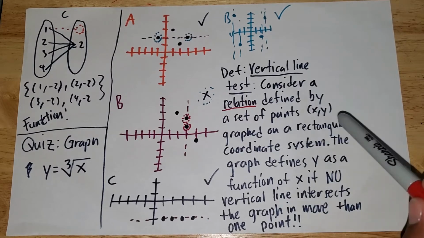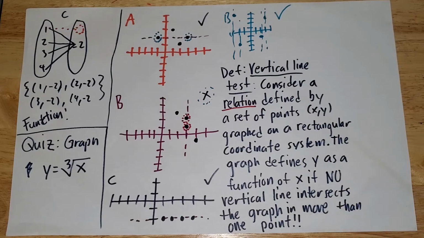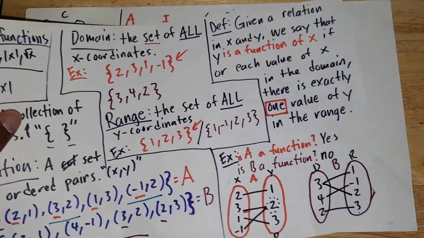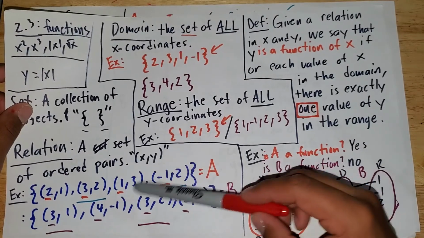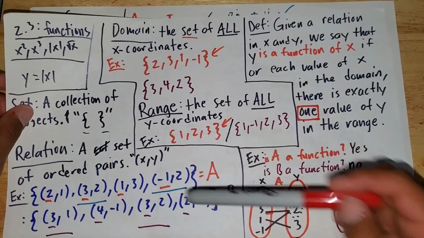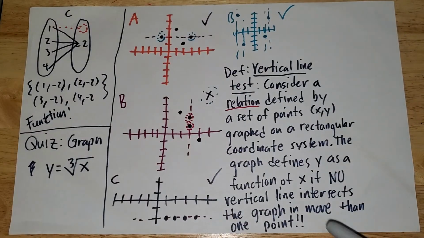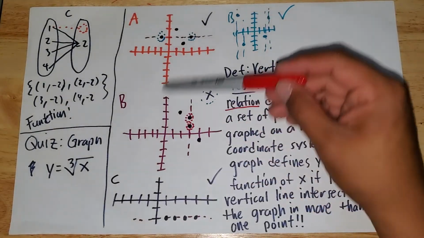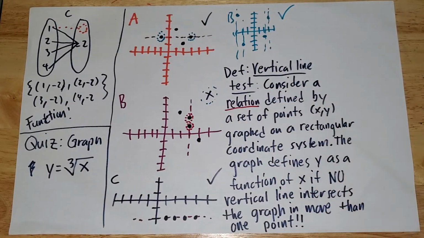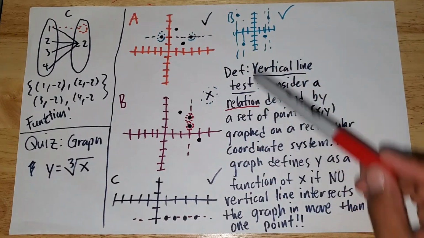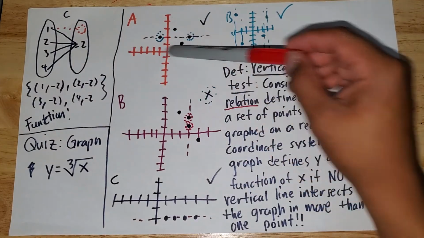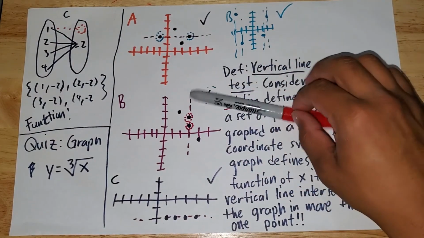So, graphed on a rectangular coordinate system. The earlier definition looked at the relation as ordered pairs, domain and range. But now the vertical line test is looking at the coordinate system. They call it the x and y plane, the Cartesian plane, the real plane. This is that rectangular coordinate system. Rectangular because everything is done in a boxy way.